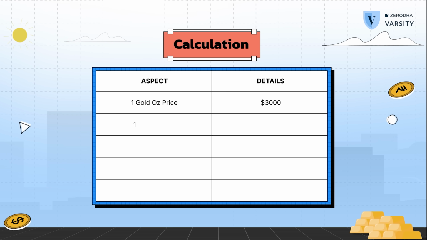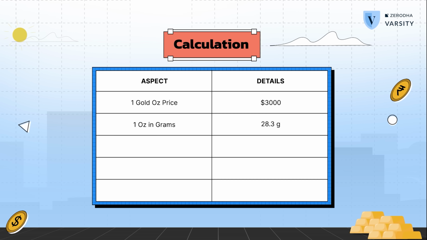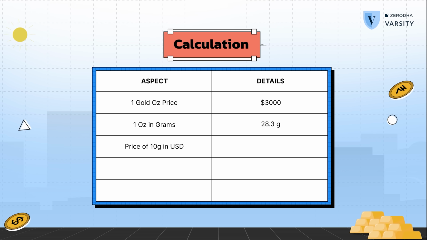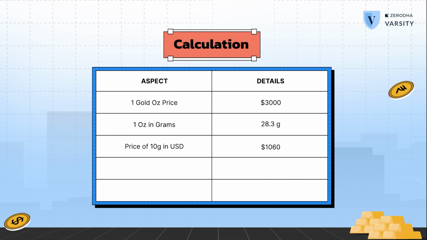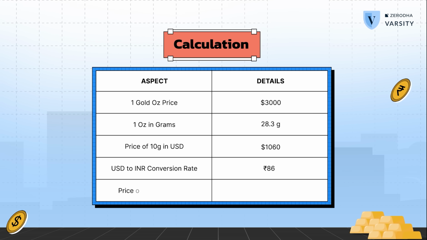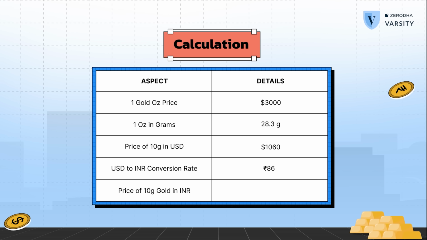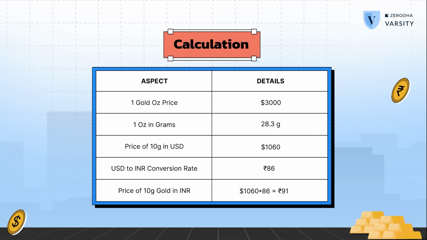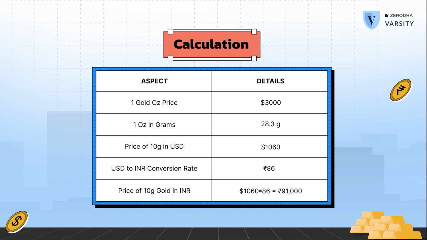As I mentioned earlier, 1 ounce is roughly about 28.3 grams. So the dollar price for 10 grams of gold is about $1,060. USD to INR is about 86 rupees. So the price of 10 grams of gold in INR is $1,060 into 86, which is roughly about 91,000 rupees.